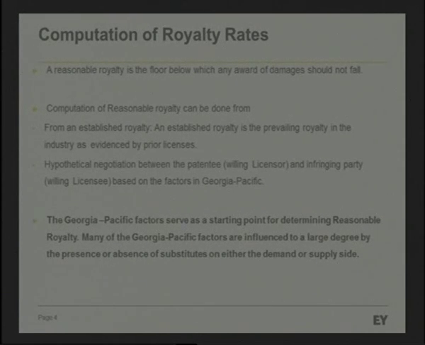It talks about 15 different criteria or qualitative factors that one must consider while arriving at a reasonable royalty rate in case of any technology or patent. These Georgia-Pacific factors serve as a starting point for determining the reasonable royalty, and they're influenced to a large degree by the presence or absence of substitutes, either on the demand or supply side. Okay?